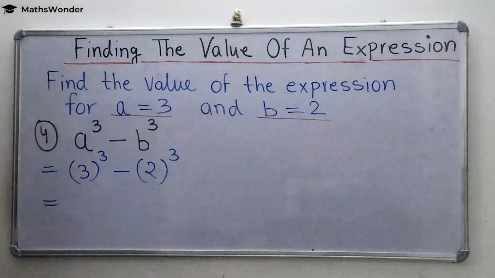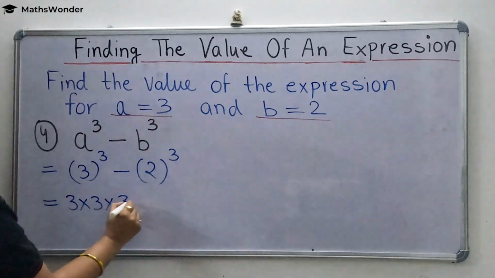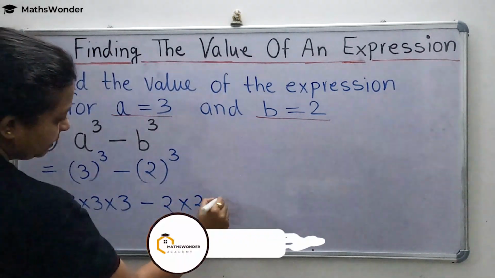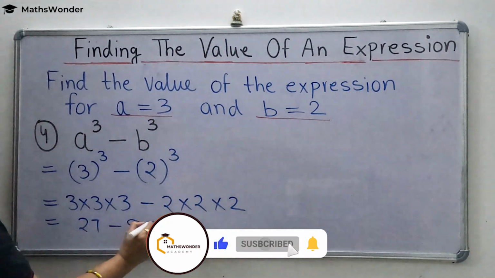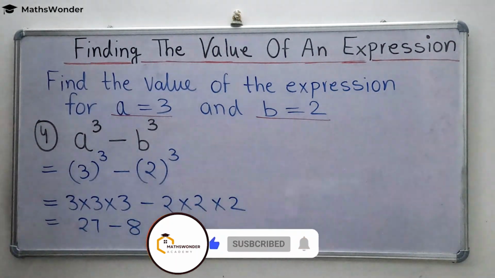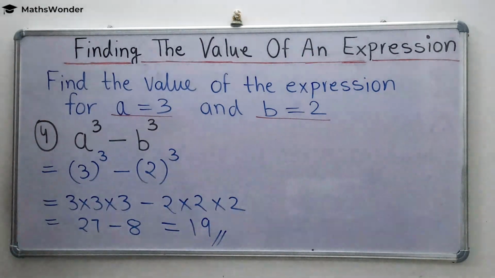Suppose you are not getting it, you can write it in a proper way, like 3 times 3 times 3 and 2 times 2 times 2. So it's 27 minus 8, which is 19. So the final answer is 19.